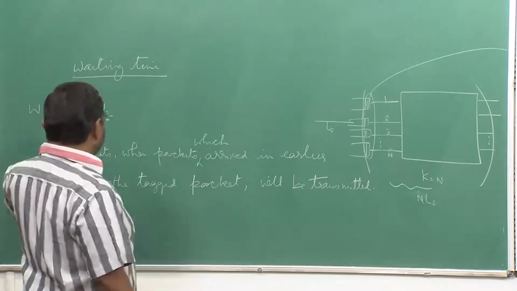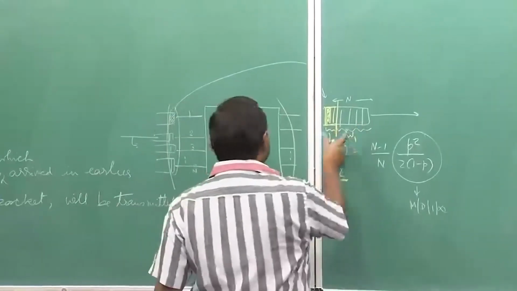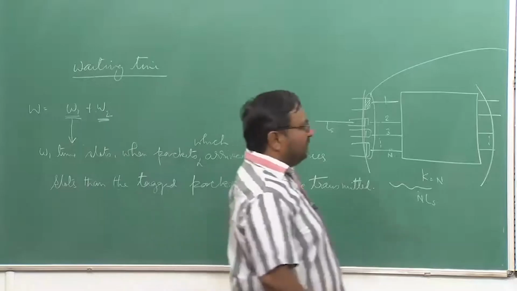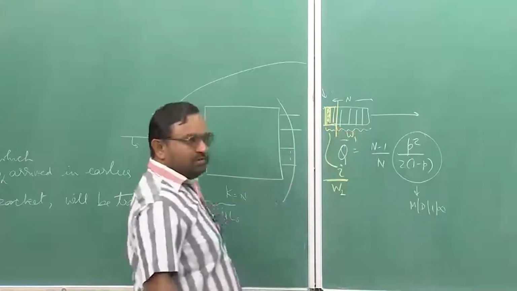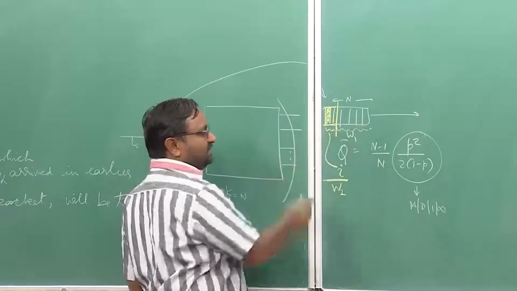So, W1 is very much clear, basically I have to find out what is the average queue length, and remember W1 and W2 both are independent, and W1 will depend on the queue which we had computed here. This q bar essentially will give me this.